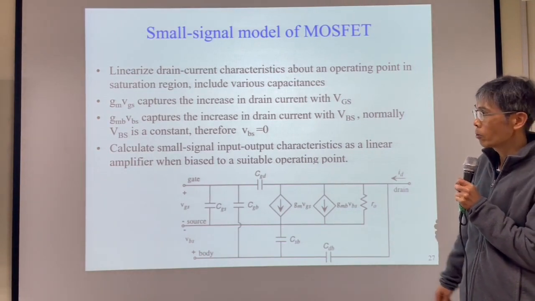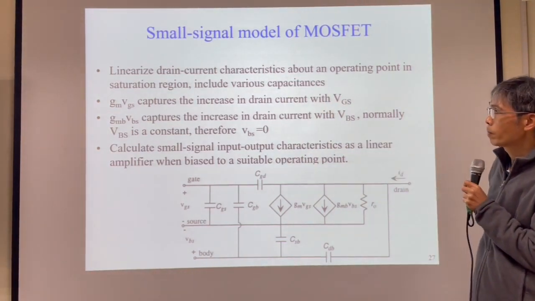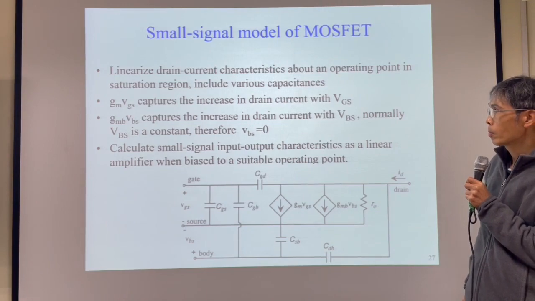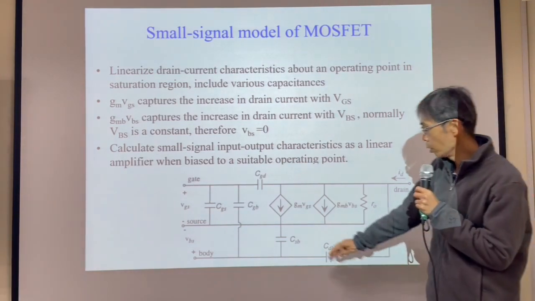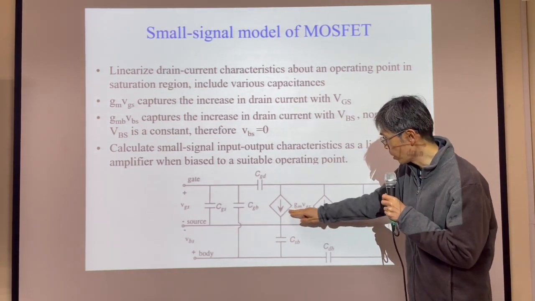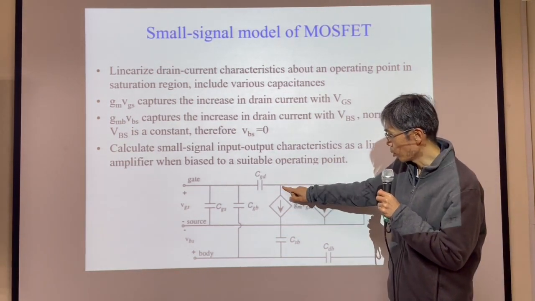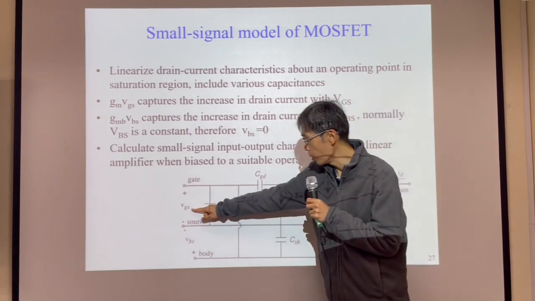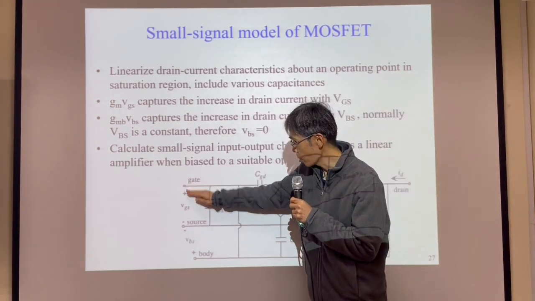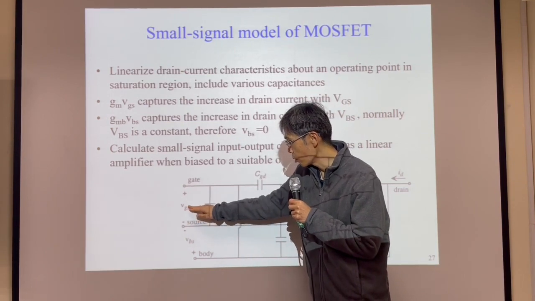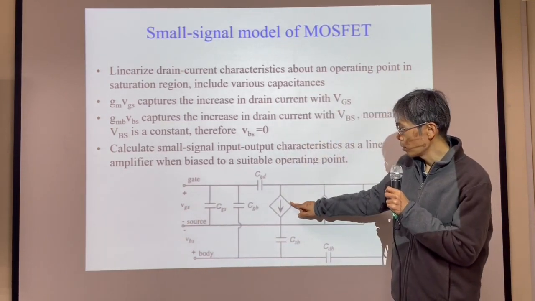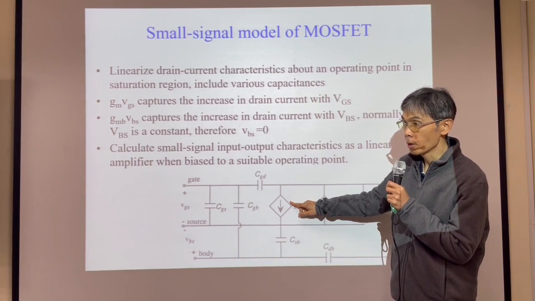Hugh, could you read the second one? gm VGS captures the increase in drain current with VGS. Yes, okay. So this is the drain current, and this is VGS, gate to source. If we increase this voltage, the drain current will increase.